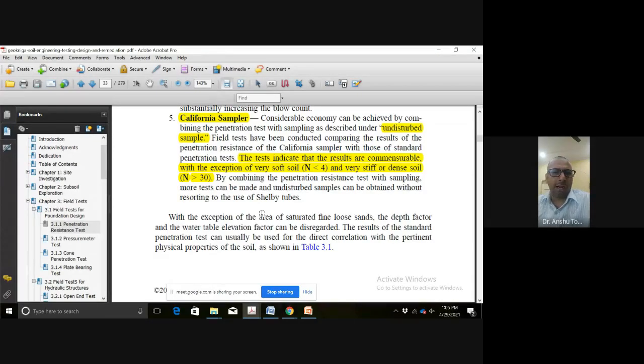If your split spoon sampler is reaching 12 inches with 4 blows, that will broadly come into the category of soft soil. And if it is taking 30 blows to enter the soil strata for 12 inches, then it will be closely coming to the category of very stiff or dense soil.